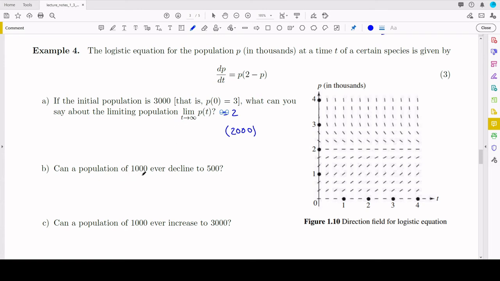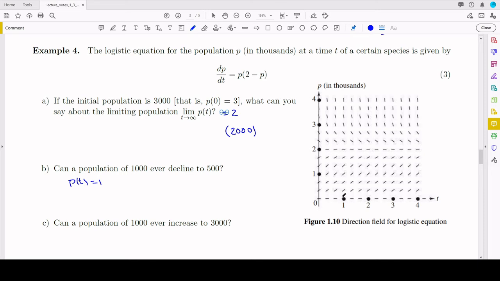So now let's take a look at a population of 1,000. That means that P of 0 is 1, right? 1,000. Can it decline to 500? Well, if we start at t is 0, we have direction markers that are positive, and so our population will increase and then level off to, again, that population of P equals 2 or 2,000. Now that's if we start at time t is 0.